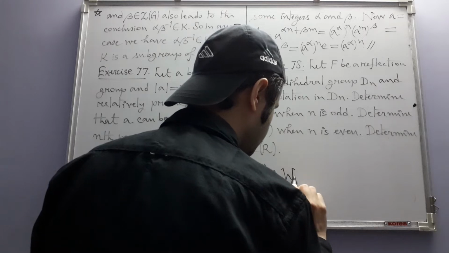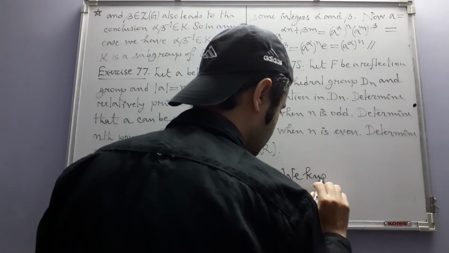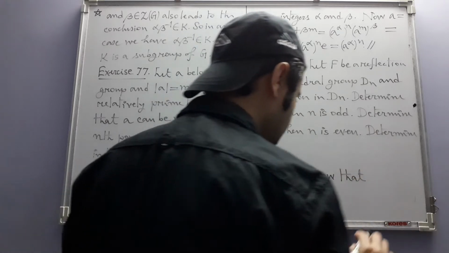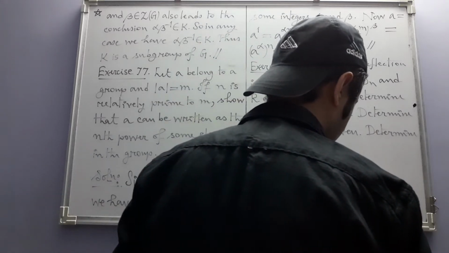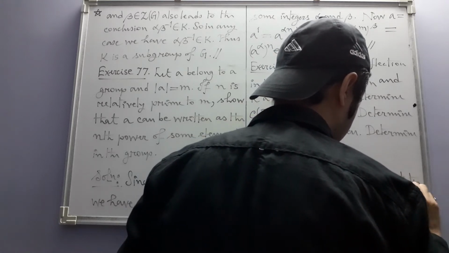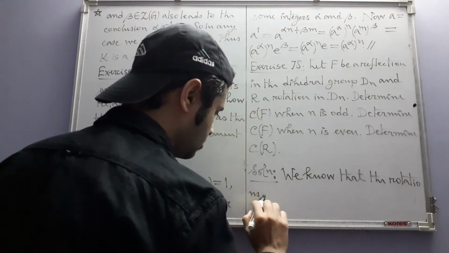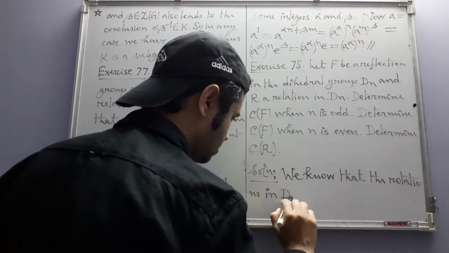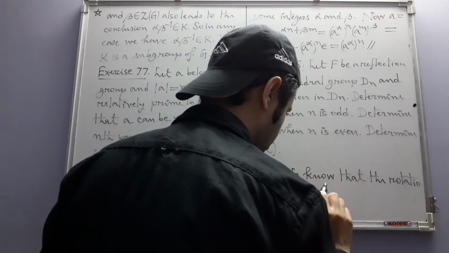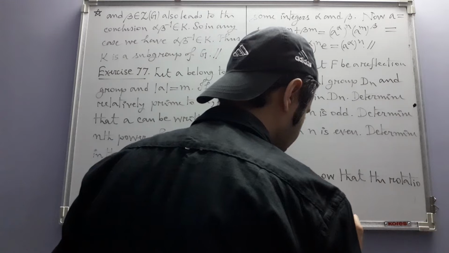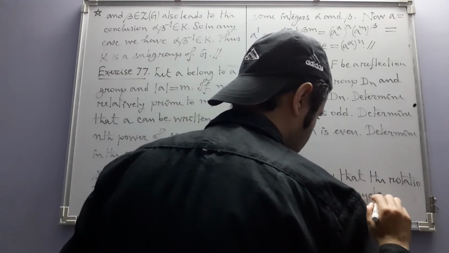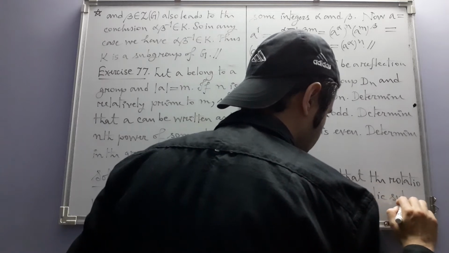We know that the rotations in Dn, rotations meaning all the rotations in Dn, form the cyclic subgroup.